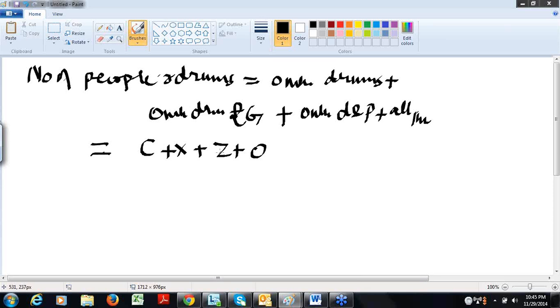All 3 is 0. So we have to actually find out the value of C plus X plus Z.